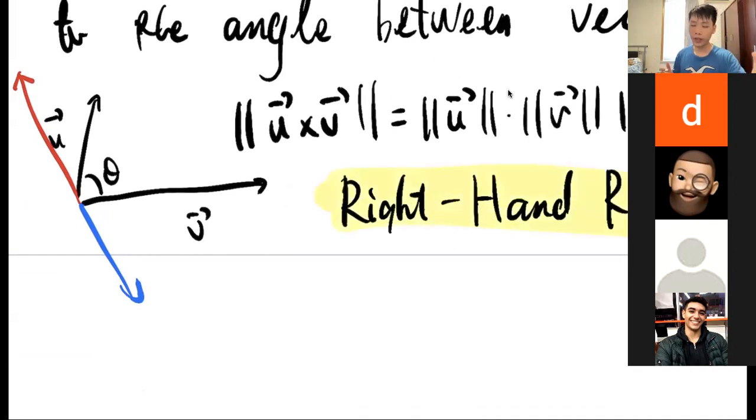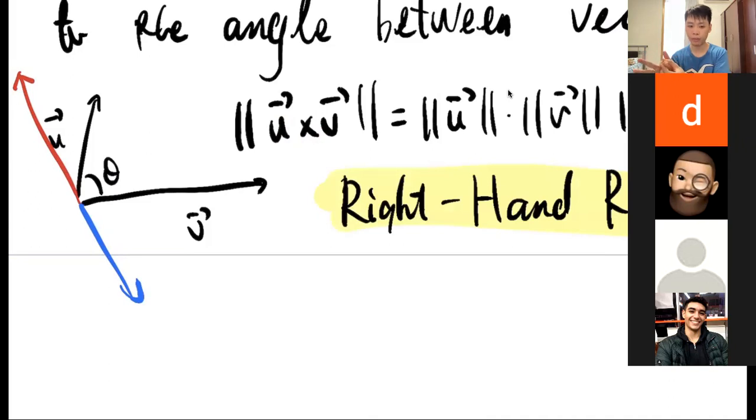The right-hand rule tells us that if we start with U, because we're talking about U cross V, so we start with U, and then your index finger goes to the direction of V, such that the angle between these two vectors is less than 180 degrees.